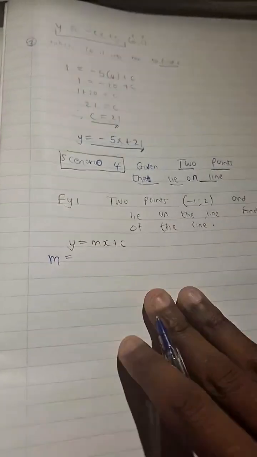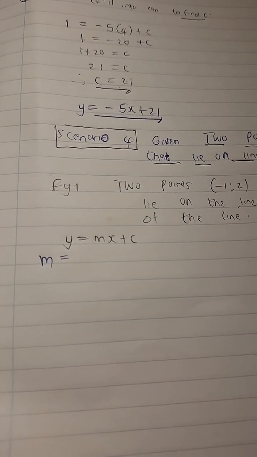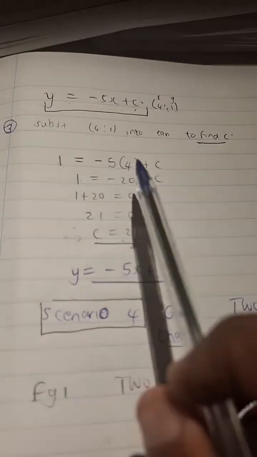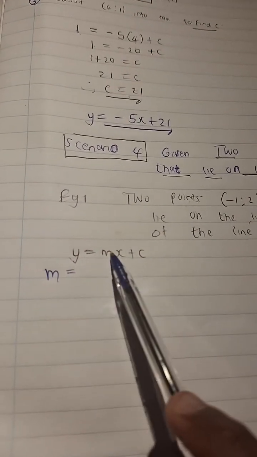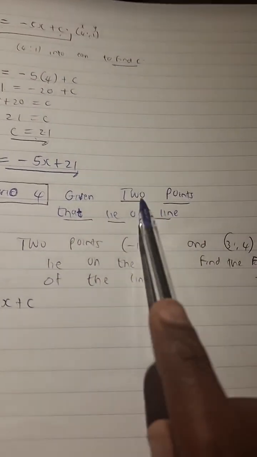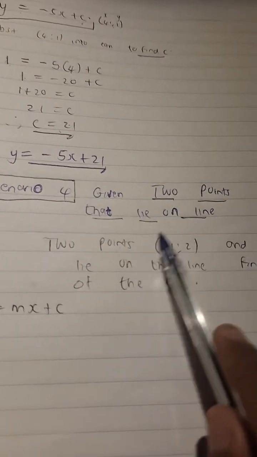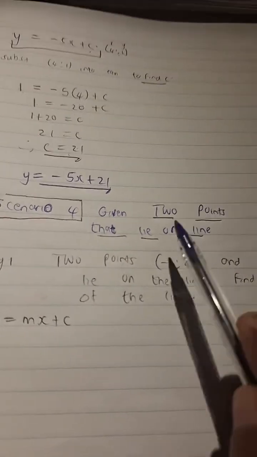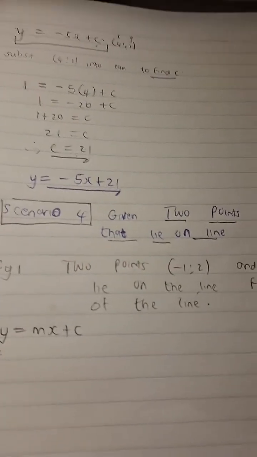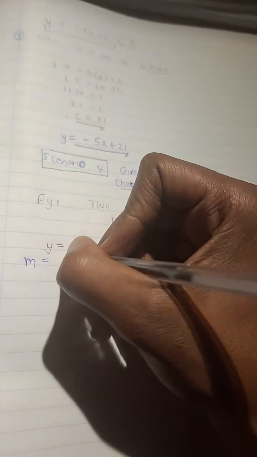Because if you remember from what we did in the previous live session, we did say that if the gradient of a particular equation is not given to us, if we do have any 2 points that lie on the actual line, then we can use the formula. Which formula? This one.